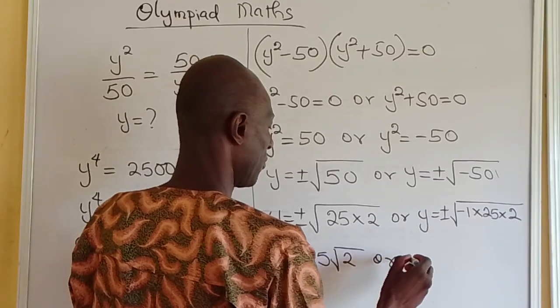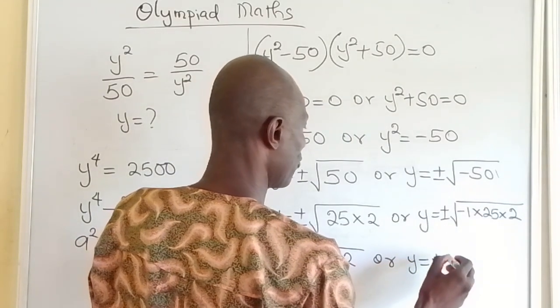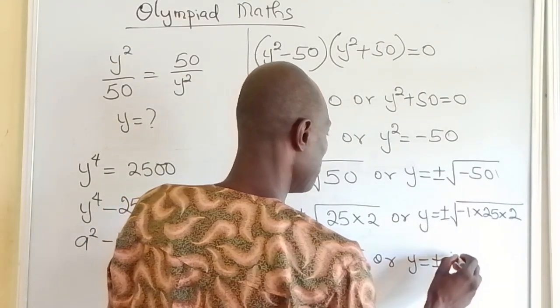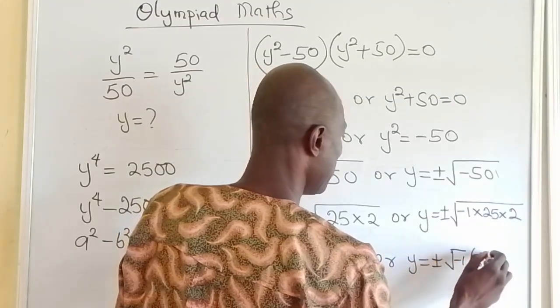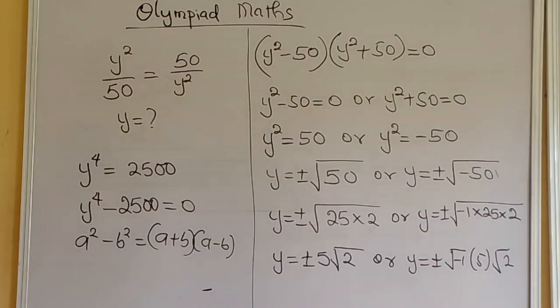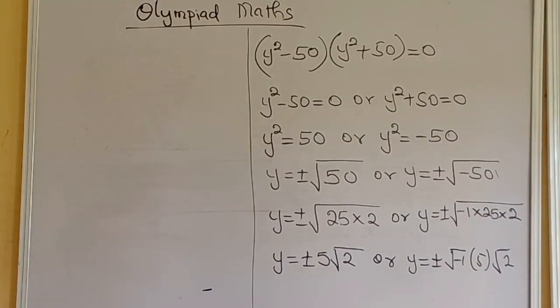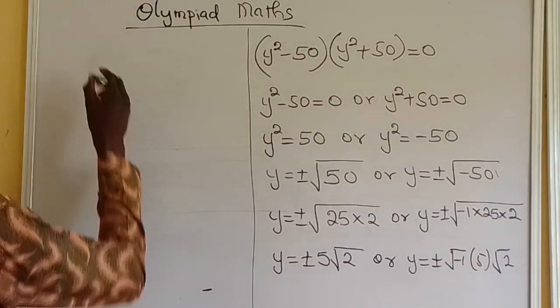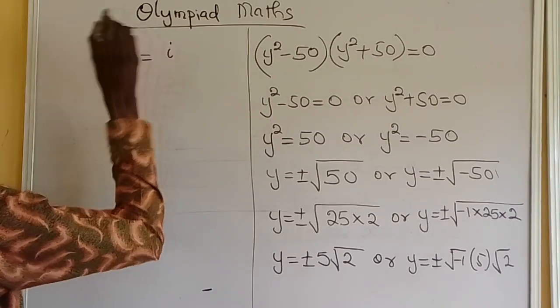Or here y is equal to plus or minus root of minus 1 times 5 root 2. And take note, in the first example we said root of minus 1 is equal to i.